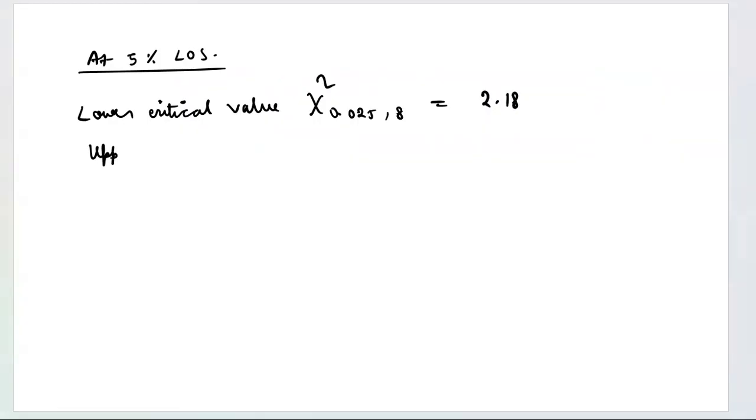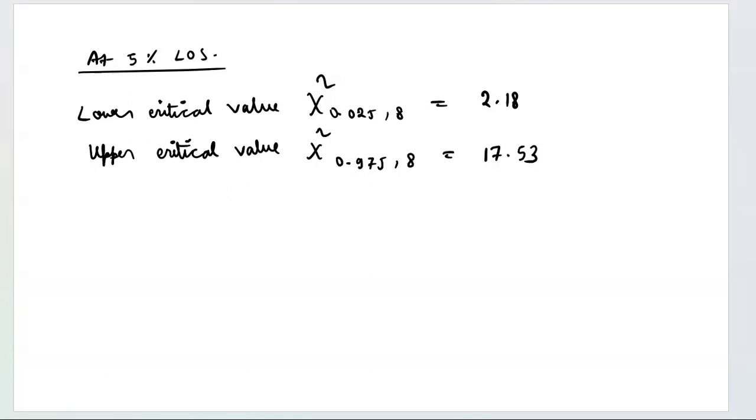And the upper critical value is chi-square 0.975. So one is alpha by 2, another one is 1 minus alpha by 2. This value will be 17.53. You can take this from the chi-square distribution table, which will also be in your statistics or econometrics books.